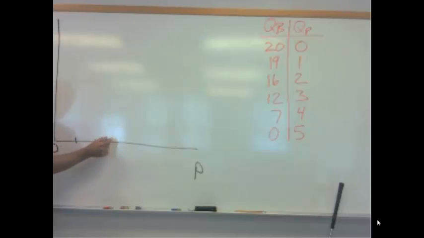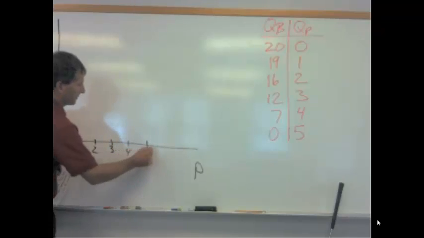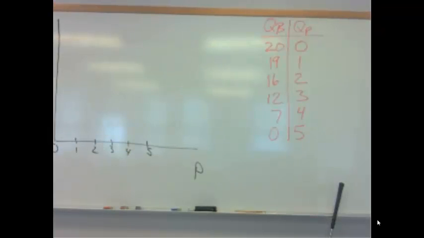So on the horizontal axis, I've got a P for pizza, and I want you to just kind of evenly space 1, 2, 3, 4, 5. And then on the beer axis, we're going to do the same thing, but you don't want to use that big a spacing most likely, depending on how much paper you're using. But just kind of go 1, 2, 3, up through 16, 17, 18, 19, and finally 20.